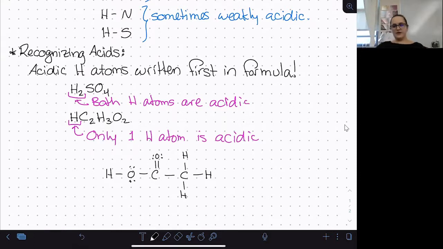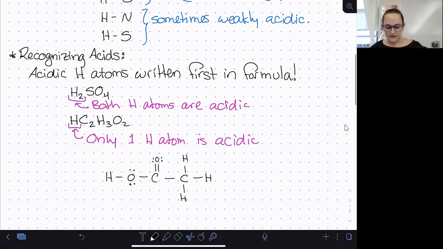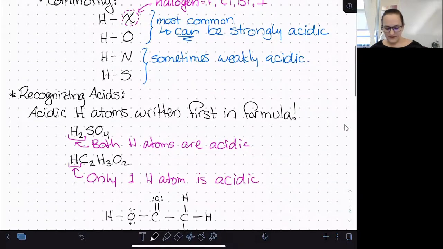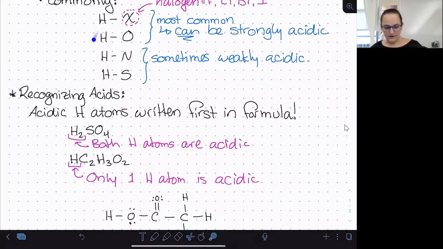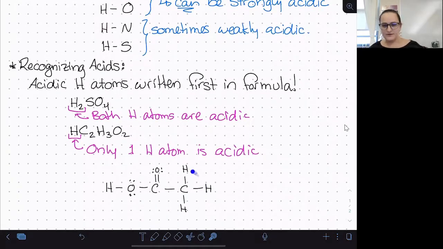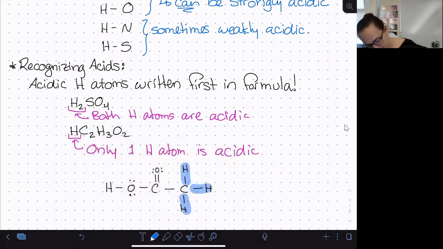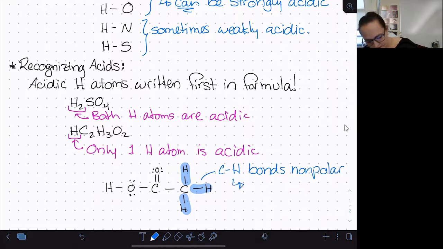We said that hydrogen atoms that are acidic need to be involved in a polar bond, specifically one of these examples up here. And 3 out of our 4 hydrogens are involved in a non-polar carbon-hydrogen bond. So these CH bonds are non-polar, so these hydrogen atoms are not acidic.